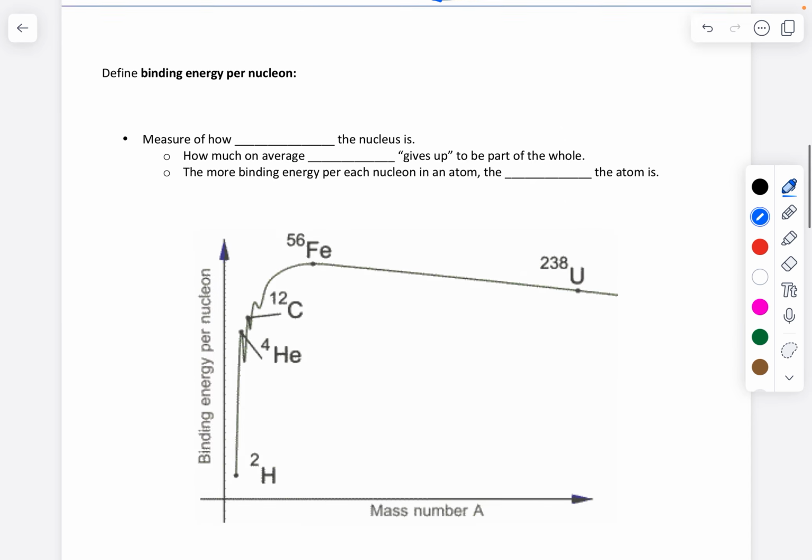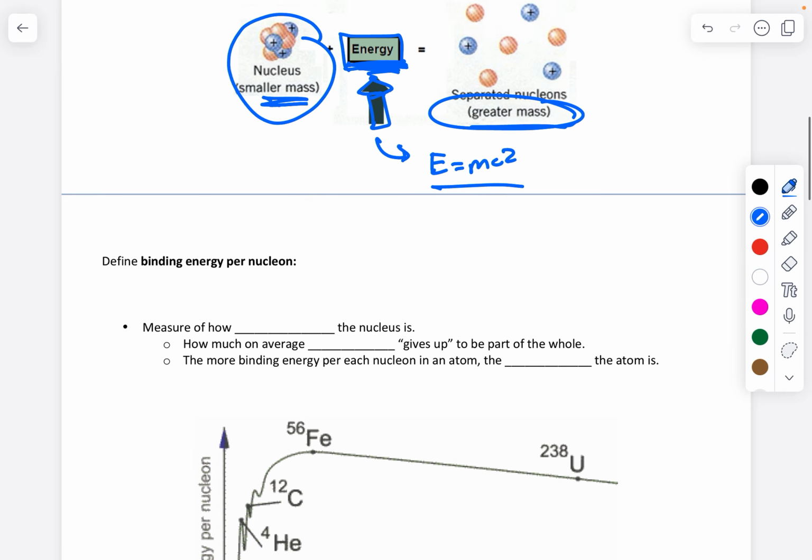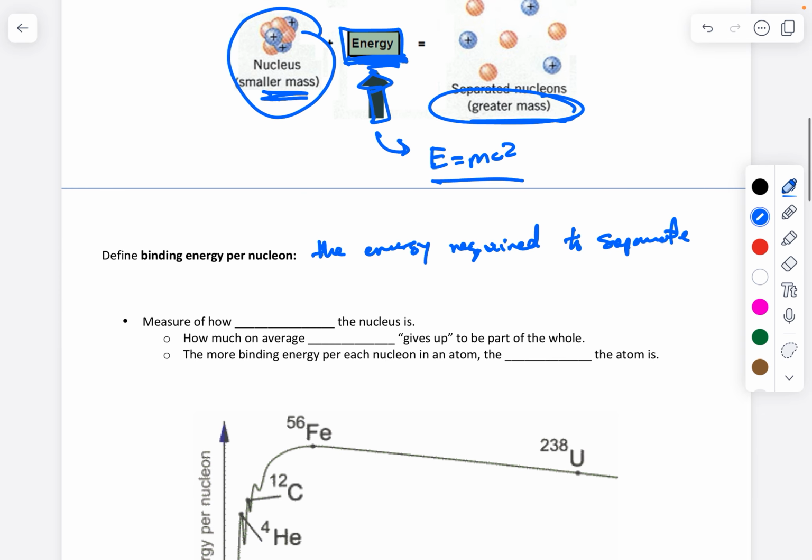Okay, so let's keep on. What about binding energy per nucleon? It is basically the energy required to separate the nucleus divided by the number of nucleons.